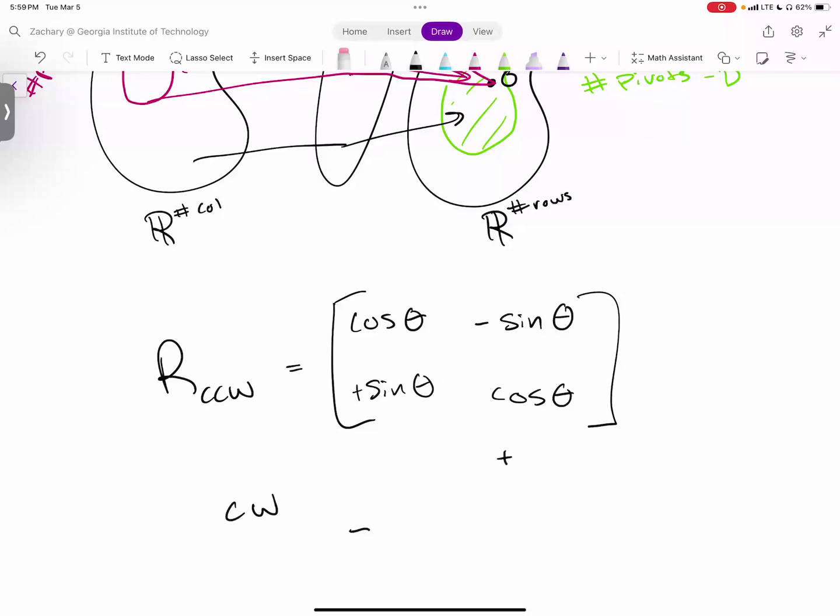I usually just remember one of them, and then if they actually tell me a counterclockwise or a clockwise rotation, I just make theta negative for those, right? This is the same thing. Rotating positive 45 degrees clockwise is negative 45 degrees counterclockwise, right? Also know which of those you can undo. You can clearly undo a rotation and a reflection. You can't undo a projection.